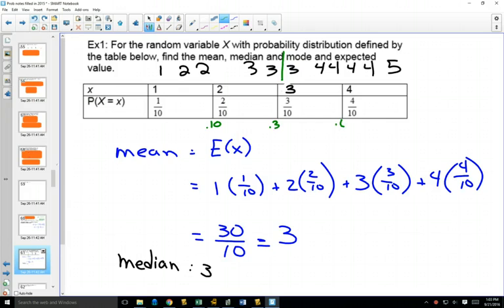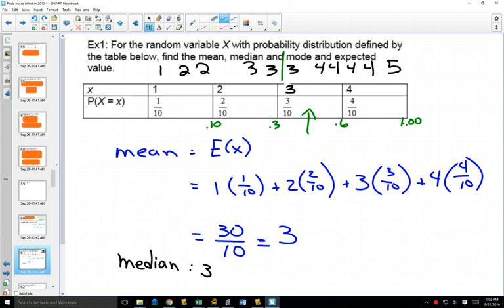And then we're at 60% here, and this will always be 100% at the end. If you're looking for the 50th percentile, the median, right in the middle, where does that 50th percentile happen? Right here, between the 0.3 and the 0.6. So your median would be 3.